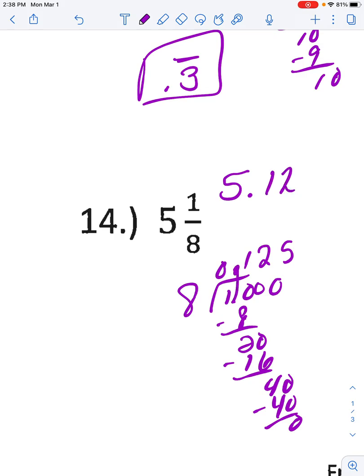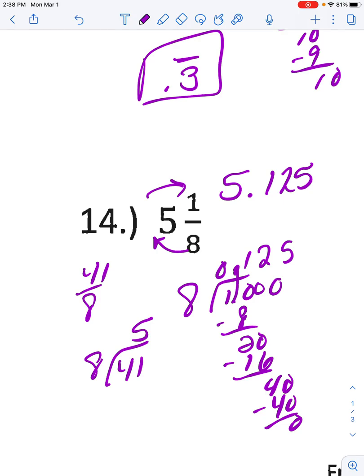So 5 and 1/8 would be 5 and 125 thousandths. The other way, if you wish, you could turn 5 and 1/8 into an improper fraction, which is 41/8, and do 41 divided by 8. You will get the same thing.